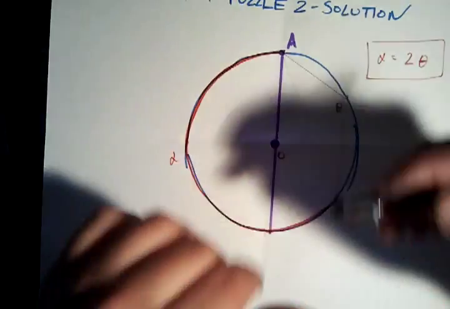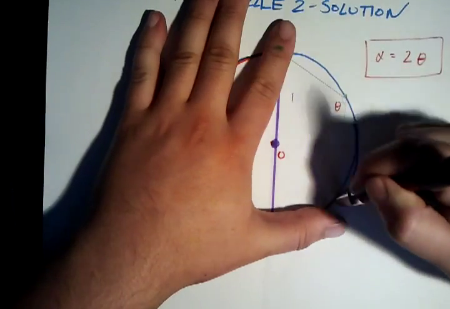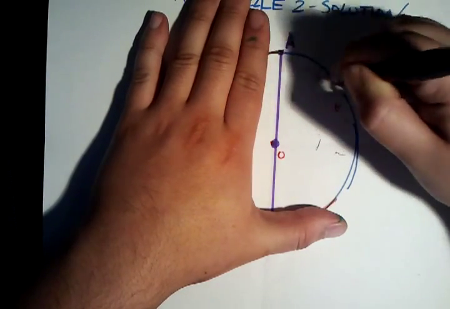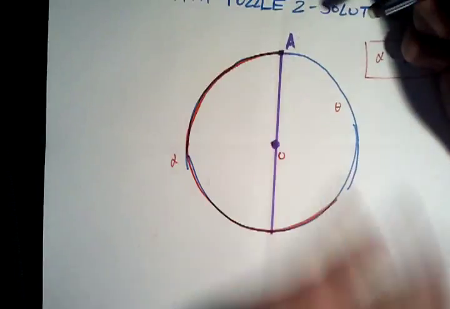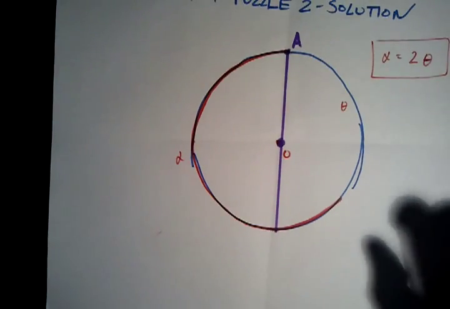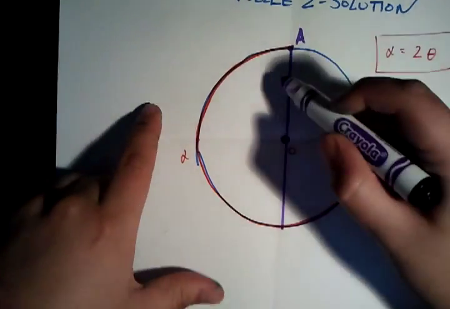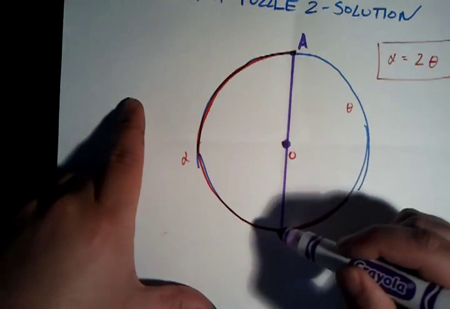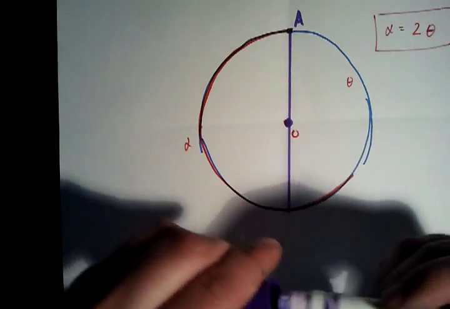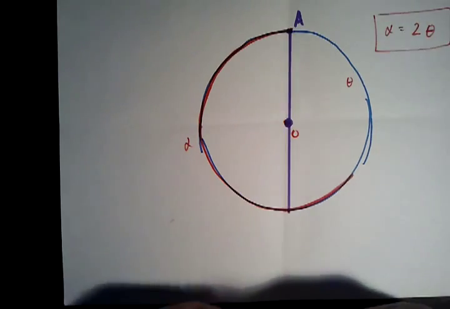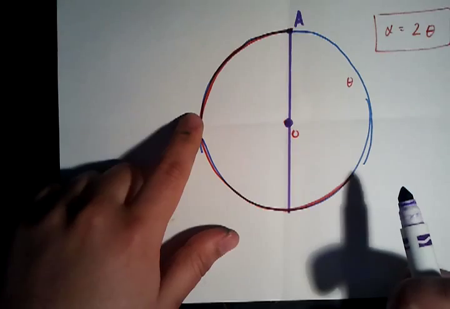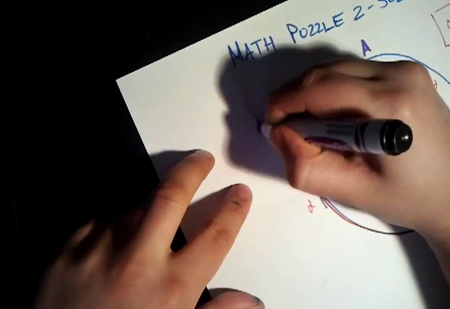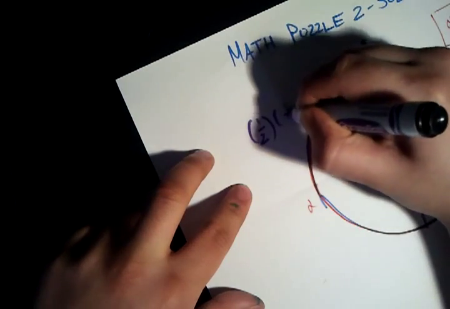So let's get rid of these pencil marks so we can do the actual solution. So what we know now is that one point must be on this half of the arc of the circle, and the other point must be on the other half. So what is the probability that that should occur? Well, the probability that they're both on this half is 1/2 times 1/2 equals 1/4.